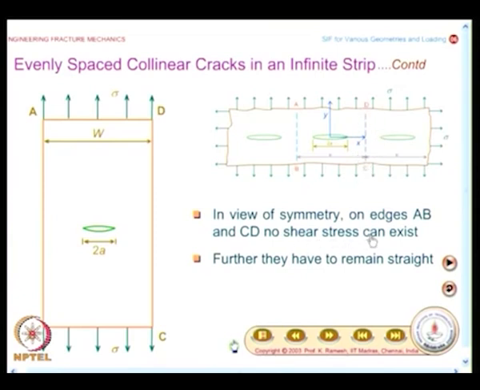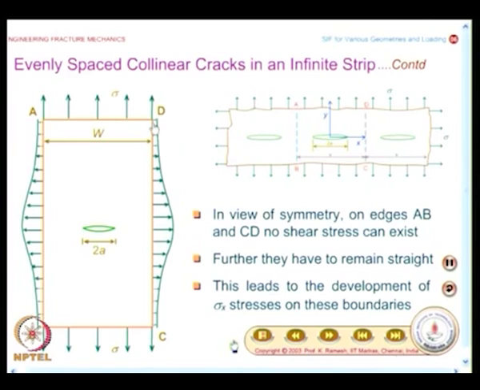So, shear has to be 0, and for the lines to remain straight, you need to have stresses developed in the horizontal direction. So, what do I get out of it? I am able to cull out a finite strip from evenly spaced collinear cracks. In fact, the base solution of evenly spaced collinear cracks is the mother of all solutions.